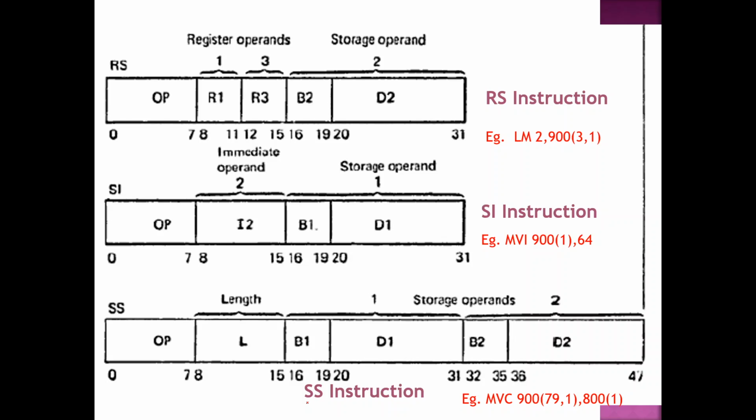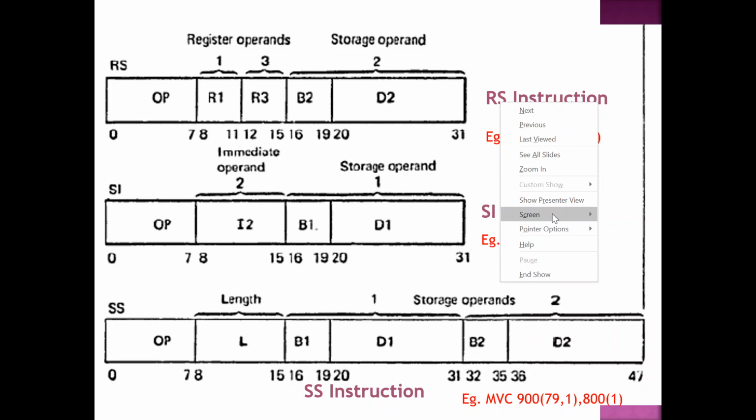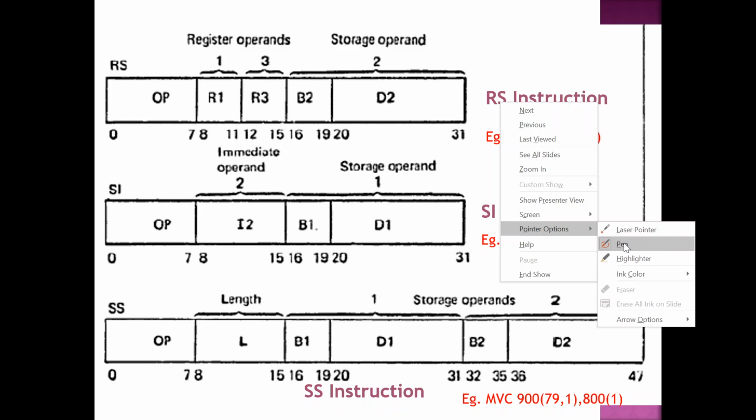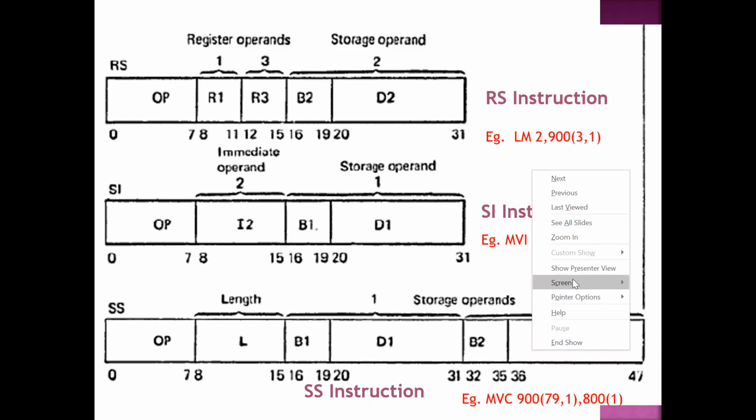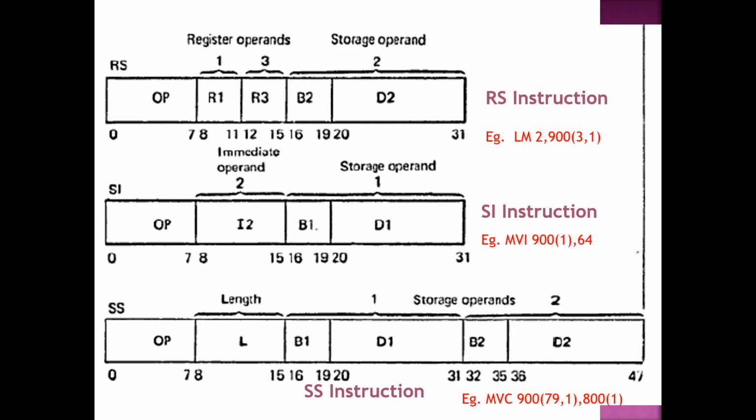You have studied load. Yes. LM here means load multiple. This is also load only, but it is load multiple. What is the meaning of it? I will tell you. See, I have an address which is going to point to the address location 900. One here is the base register.